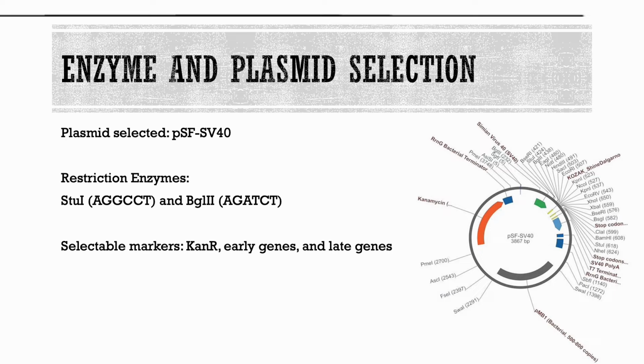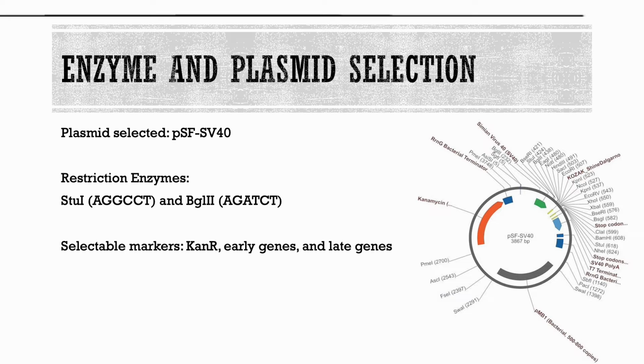The StuI enzyme that I found cuts at the code AGGCCT, and my gene has 5 of those. The BglII cuts at the code AGATCT, which I was able to find 2 of those cuts on mine.